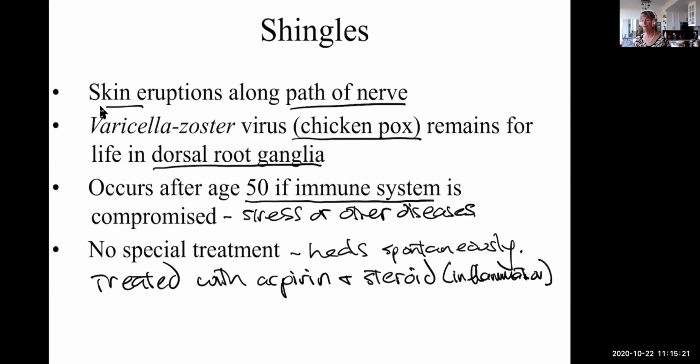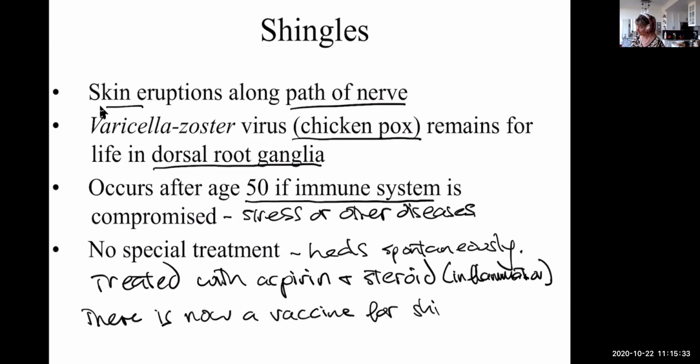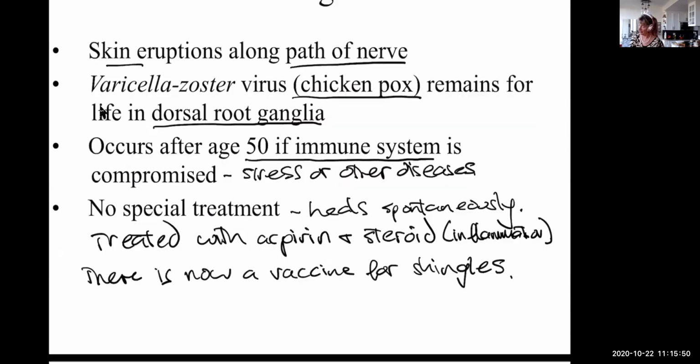There is a vaccine for shingles. Yeah, I got it. Cost me $200 and I'm fine with that. Shingles are very unpleasant. I know some people that have had them. They're quite painful.